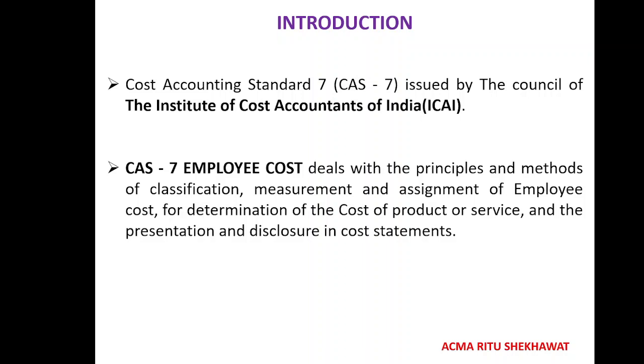Basically, CAS 7 defines the principles and rules, that is, how to determine our employee cost and how to present our employee cost. So this is CAS 7, and we are going to study it.